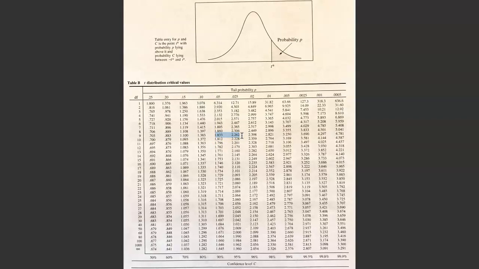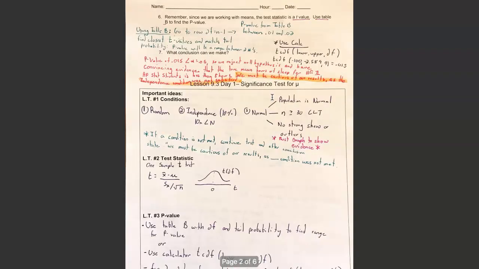Looking up at the top, it's going to be between 0.01 and 0.02. So from table B, our p-value will be between 0.01 and 0.02.